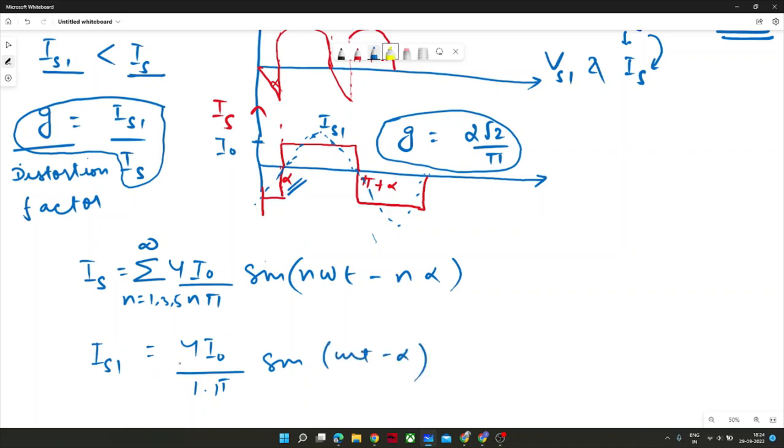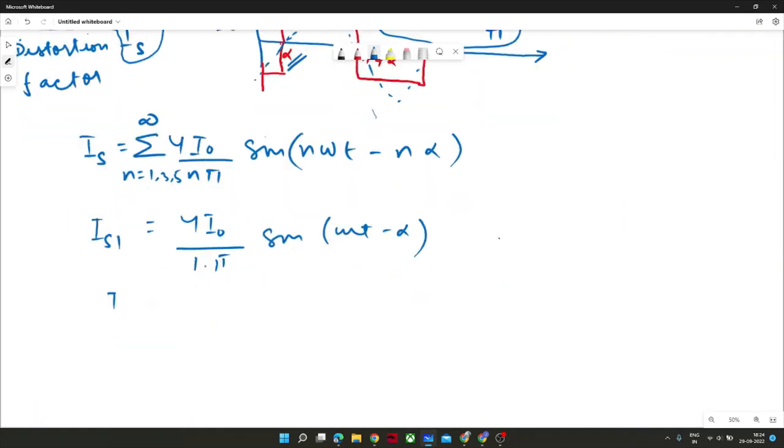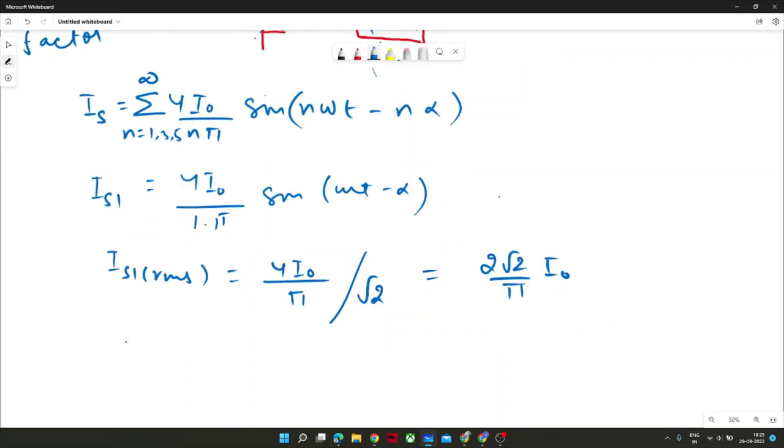And if I take the RMS, IS1 RMS would be 4 I naught by pi, and for calculating RMS, we divide it by root 2. So it will come out to be 2 root 2 by pi I naught. Any doubt till this point? No. Fine, thanks. So IS1 RMS we calculated.